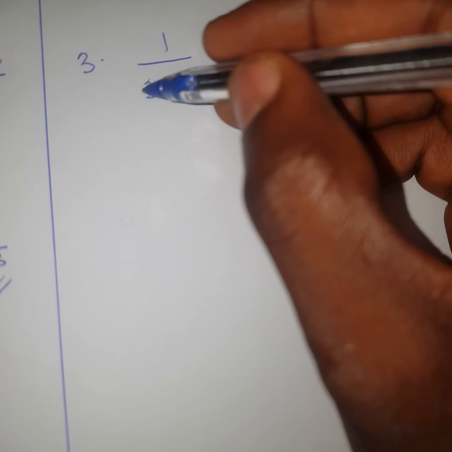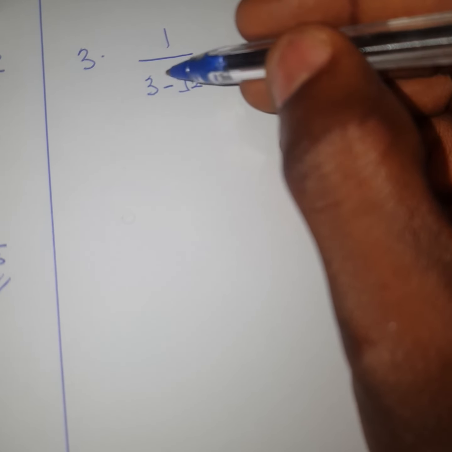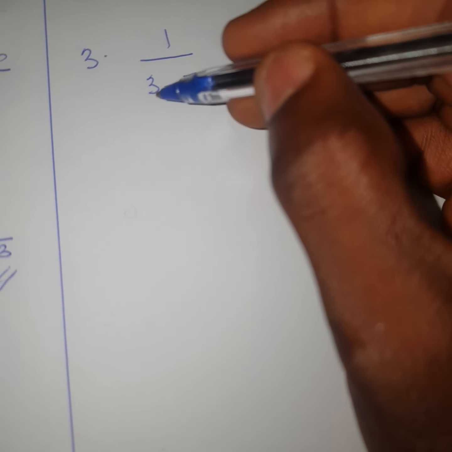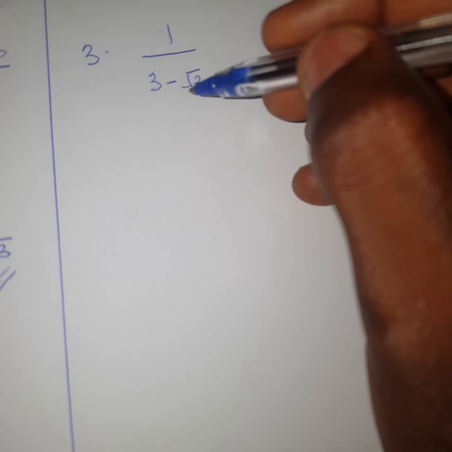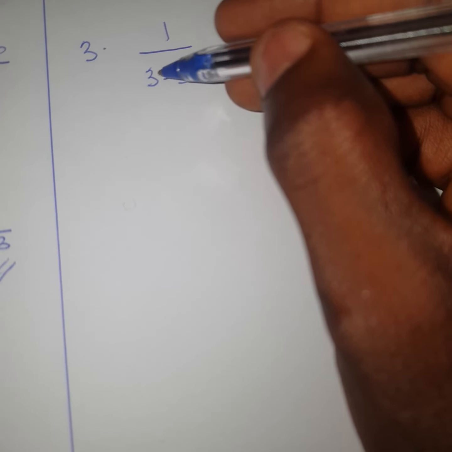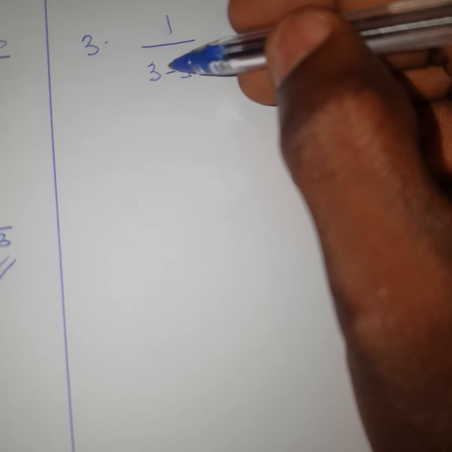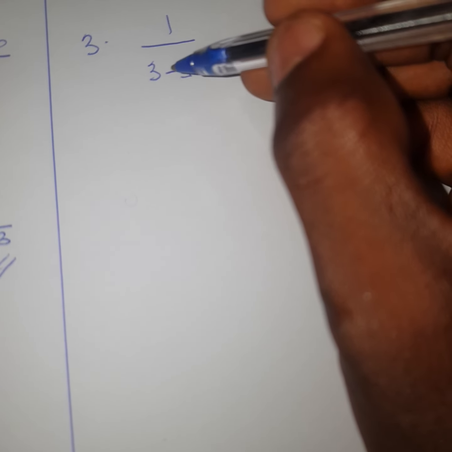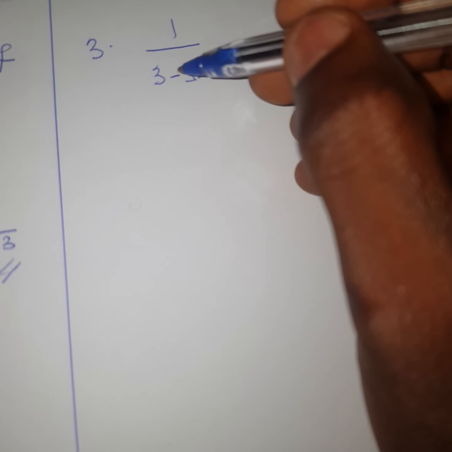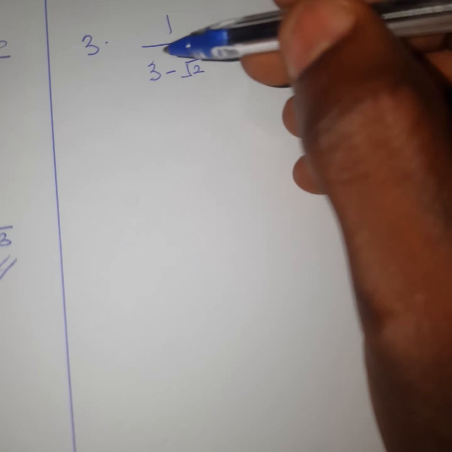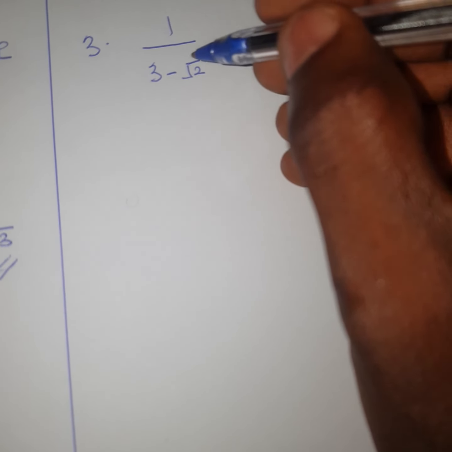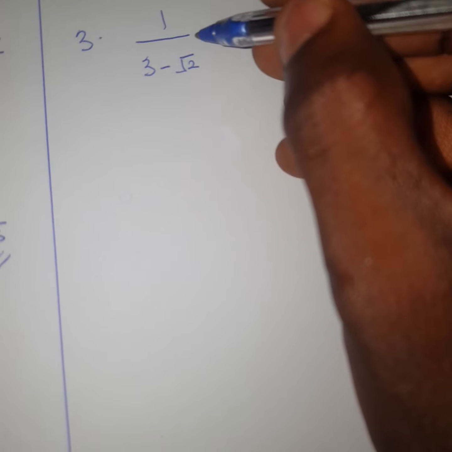In this example we have the denominator having two terms, and finding the conjugate of a surd with two terms, you just change the arithmetic sign to the opposite arithmetic sign. When it is negative, you change it to positive, and vice versa. So here the conjugate will be 3 plus root 2.